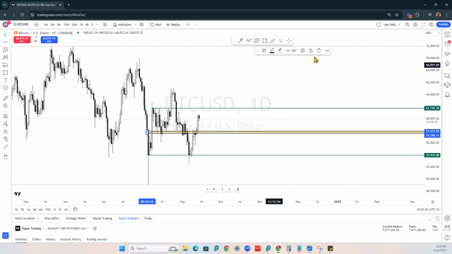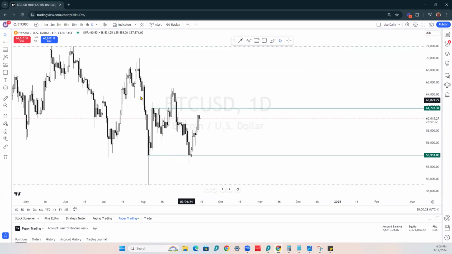Let me take this off real quick. Right? And then what happened? Pushed up, came down. Then now you have a market structure shift right here, because this high is bigger than this high. So you have a change in the trend right there by just having this area being higher than this area. Okay.